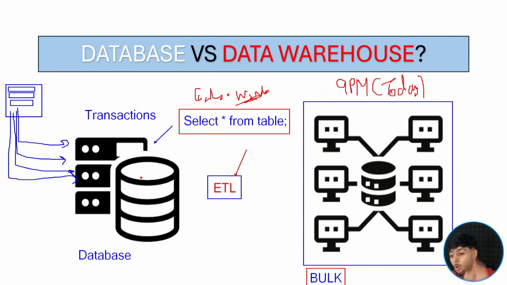So now it is having all your data, but in static manner. Why? Because this will only be updated when we ask for the new data from the database. But on the other hand, database is near real time because it is constantly receiving data, right?